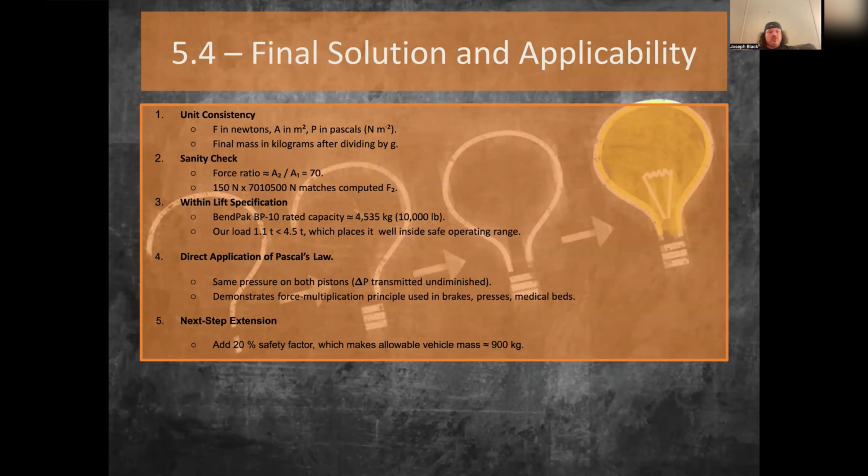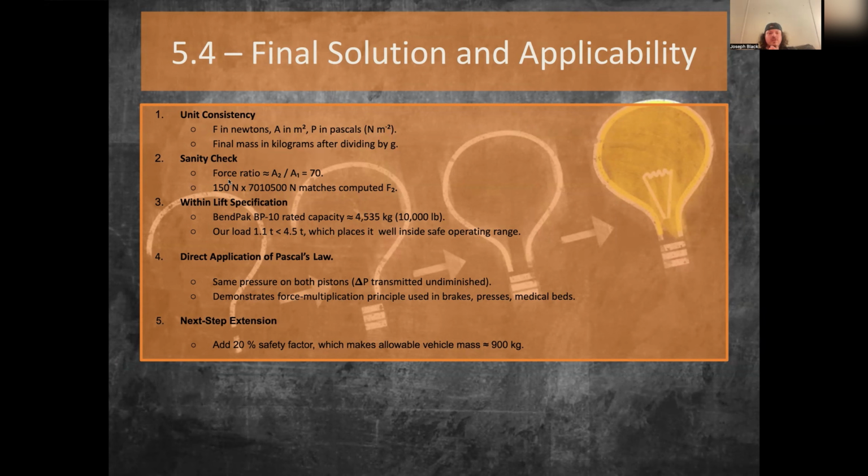Next is our final solution and applicability. So the unit consistency is that F in is in newtons, A is in meters squared, P is in pascals, which is newtons per square meter, and the final mass in kilograms after dividing by g.